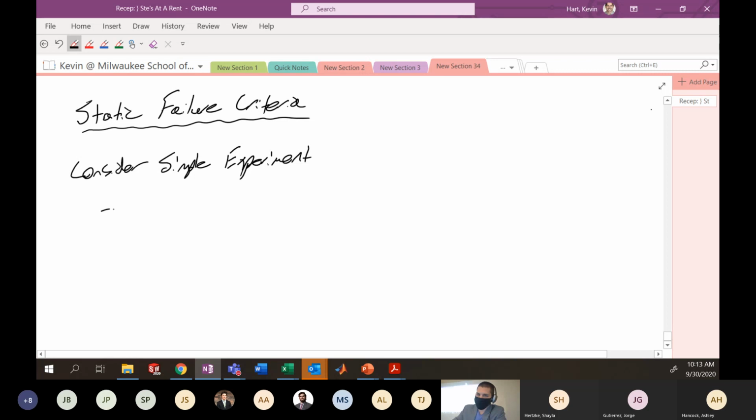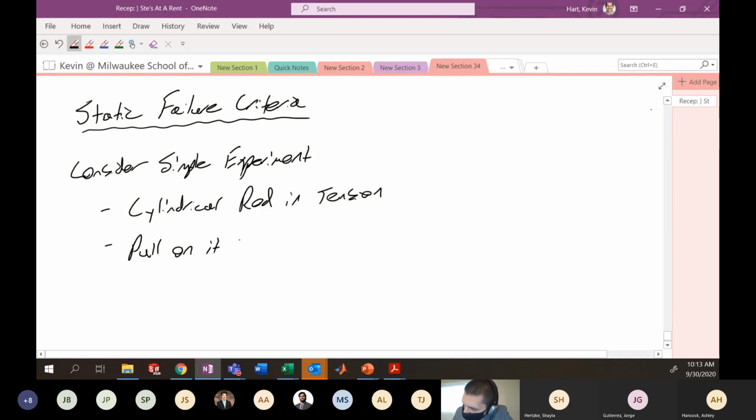And that is just like a cylindrical rod in tension. And we're going to pull on it until it starts yielding. All right, so here's our rod, our cylindrical piece.